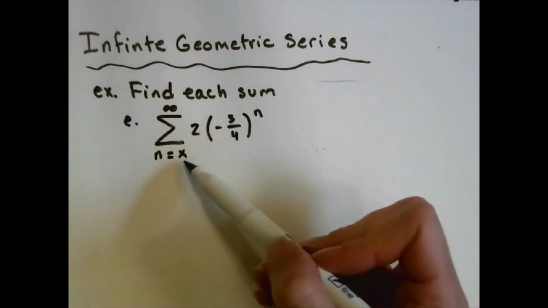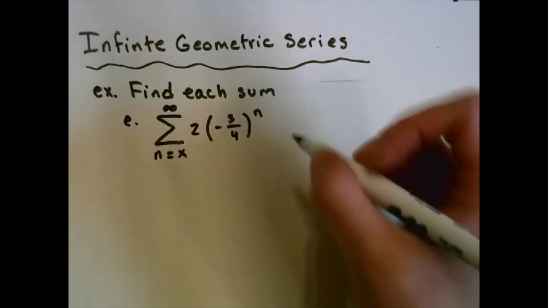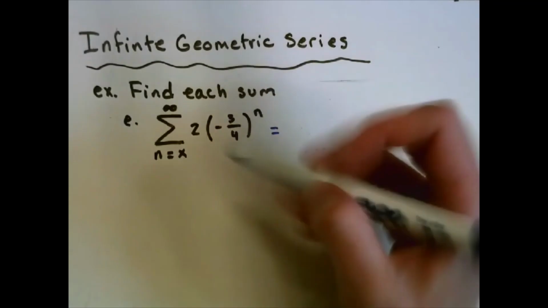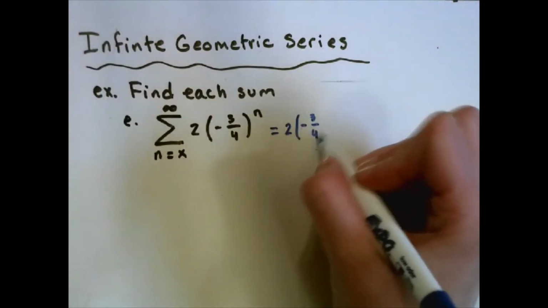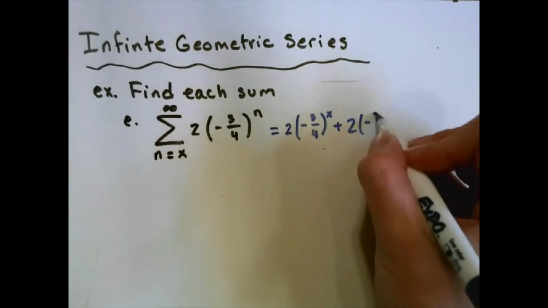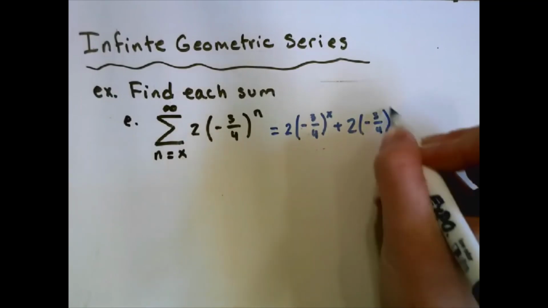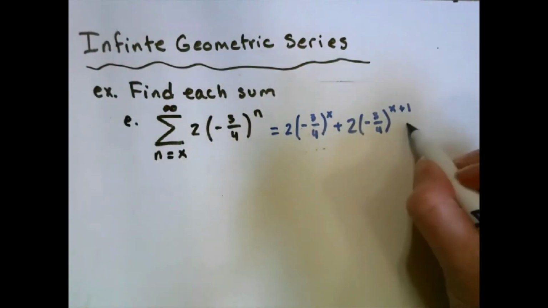So this one, the trick is we're not starting at a number, I'm starting at a variable. So if I were to write out this series, my first term would be 2 times negative 3/4 to the x. My second term would be 2 times negative 3/4 to the x plus 1, because we're just increasing that by 1.